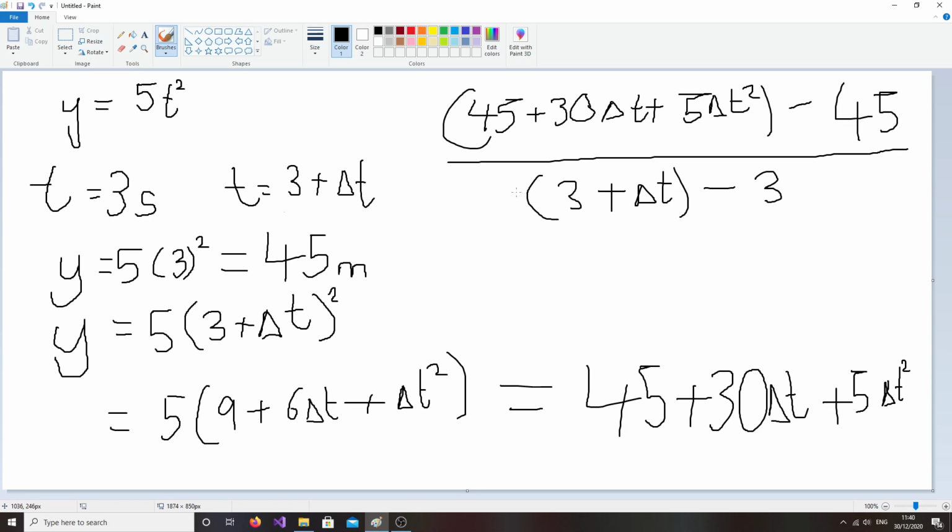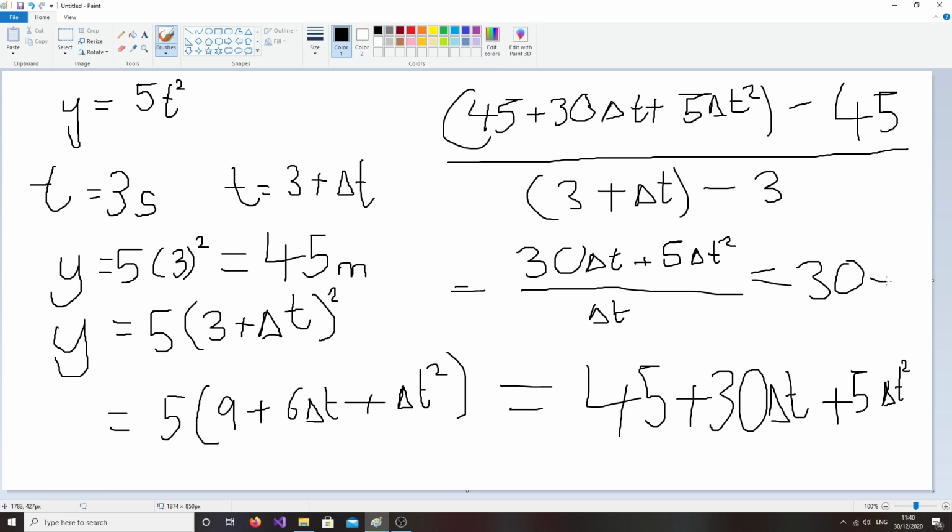So let's simplify that. 30 delta t add 5 delta t squared, divided by delta t. And then let's cancel out the delta t's. So 30 add 5 delta t.